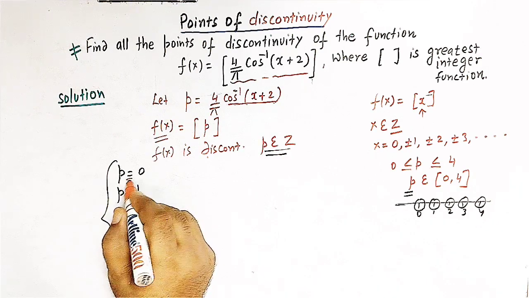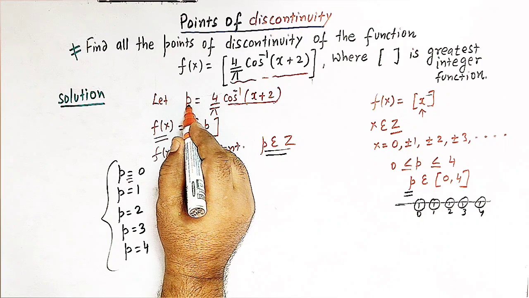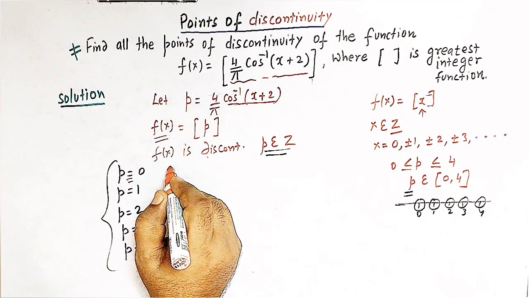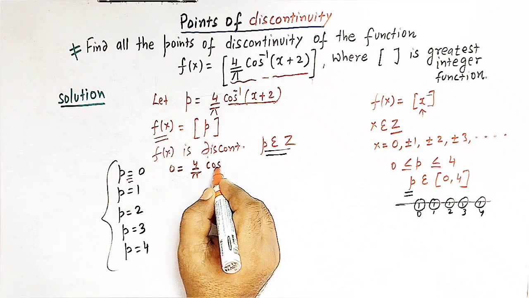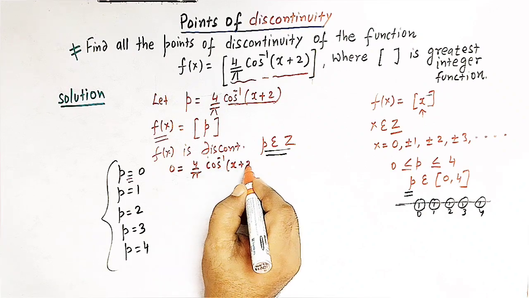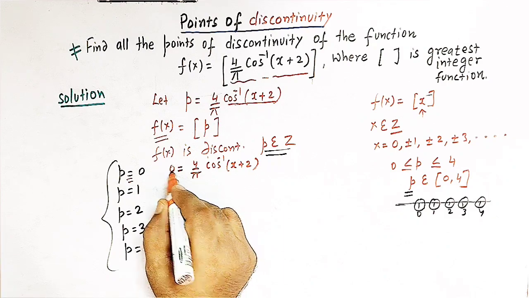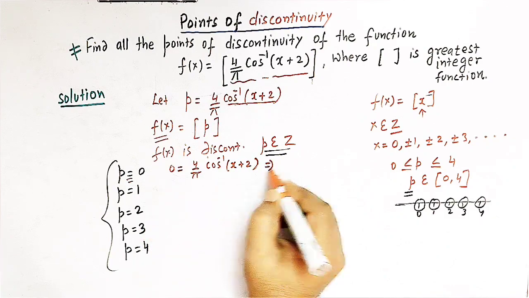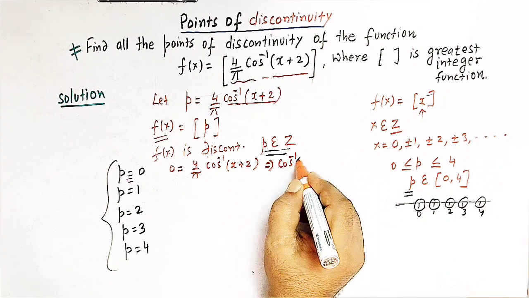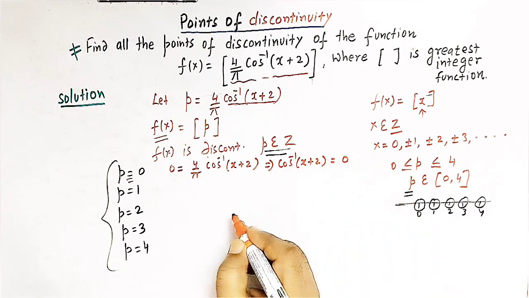So now when p is equal to 0, then here we can write p is equal to 0. So we have 0 is equal to 4 over pi cos inverse (x plus 2). Now we can multiply 0 by pi and divide the result by 4. So we have simply cos inverse of (x plus 2) is equal to 0, right?